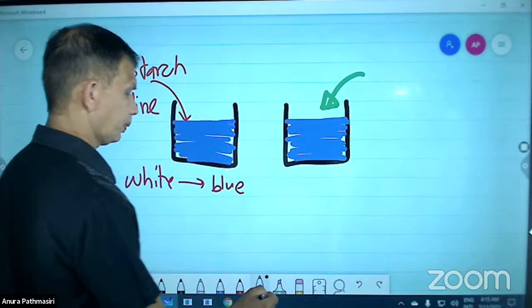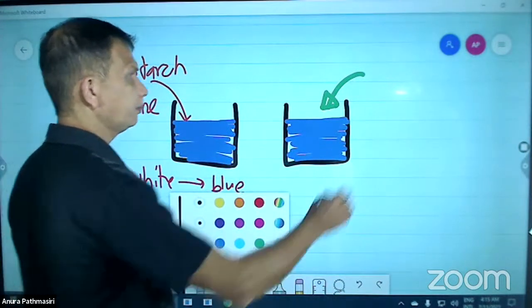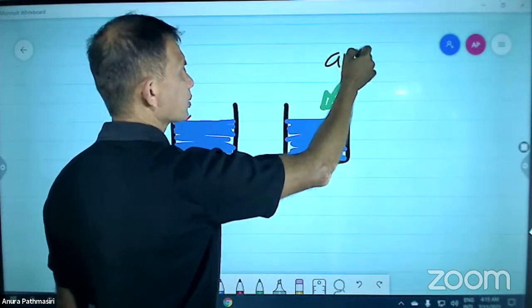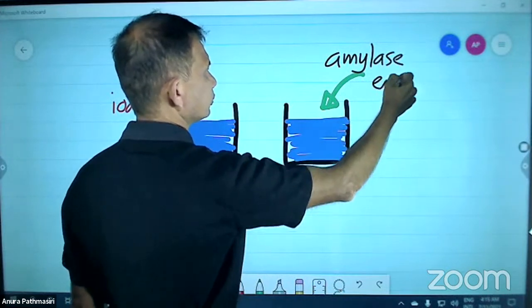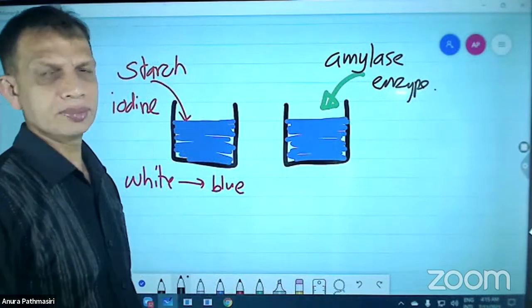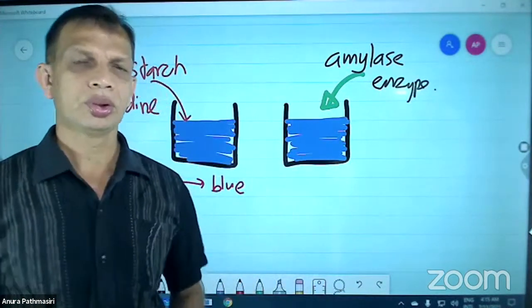That is to supply them the amylase enzyme. Now, the amylase enzyme would gradually convert starch into glucose.